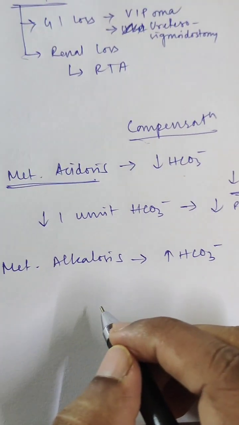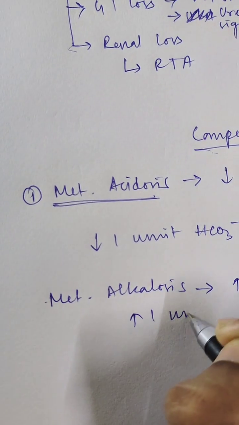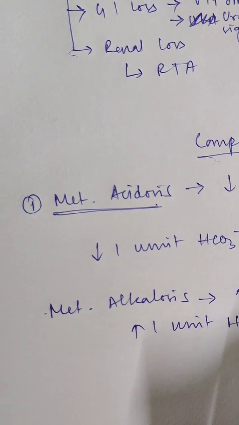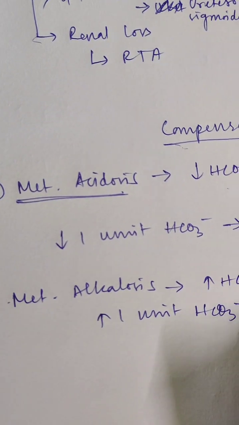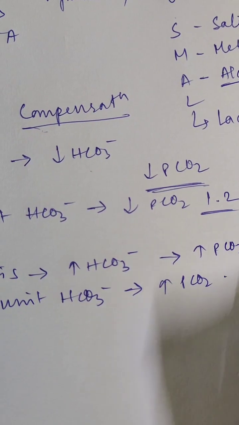Every increase of 1 unit of bicarbonate, the PCO2 will increase by 0.7.